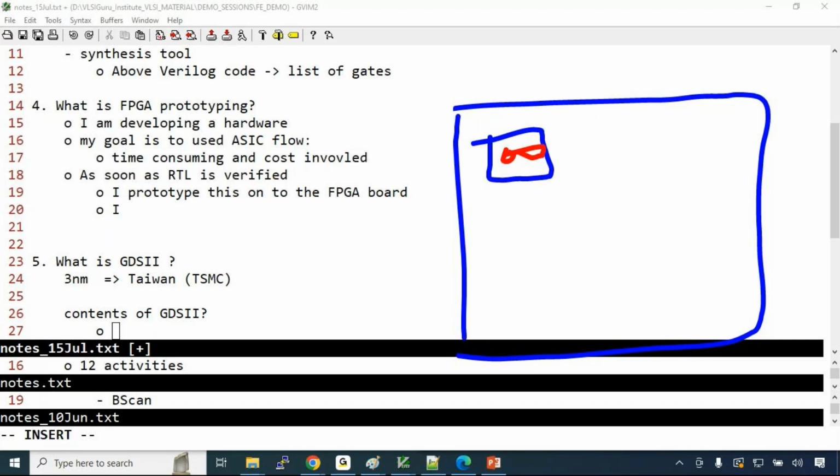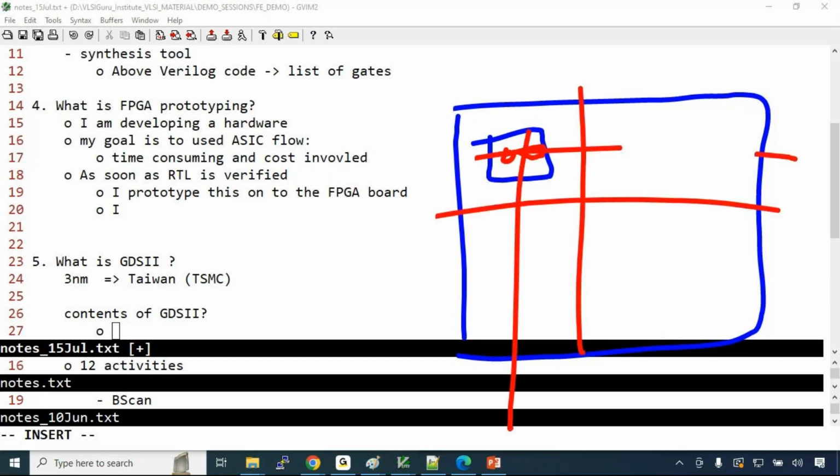Graphically, they will tell at this dimension from 10 nanometers from here, you deposit a metal. Another 20 nanometers later, you deposit the silicon oxide. After 25 nanometers, deposit drain. Like that throughout the chip, in a three-dimensional manner, they will tell in the GDS2 file what to do.